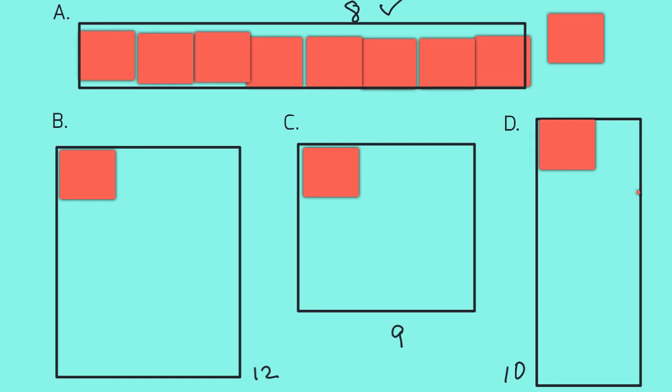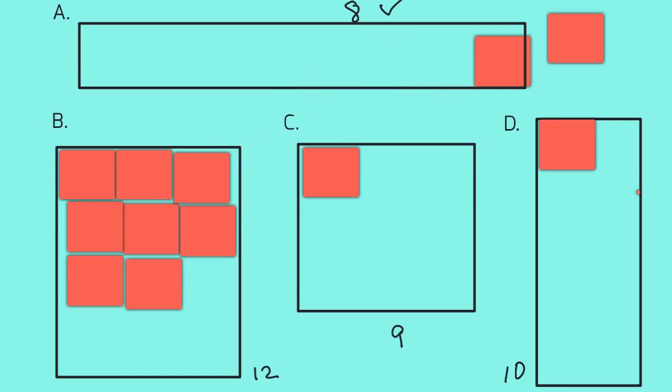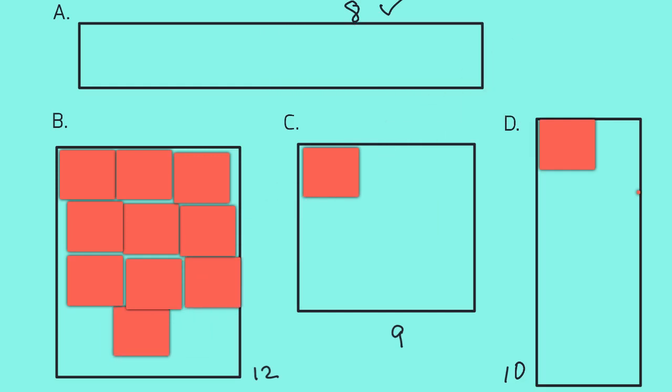All right, let's go ahead and check our estimation on rectangle B. So I'm just going to borrow these. Let's see, 1, 2, 3, 4, 5, 6, 7, 8, 9, 10.